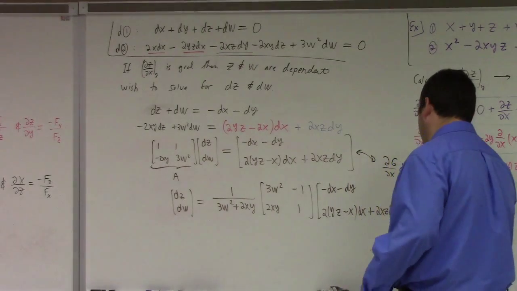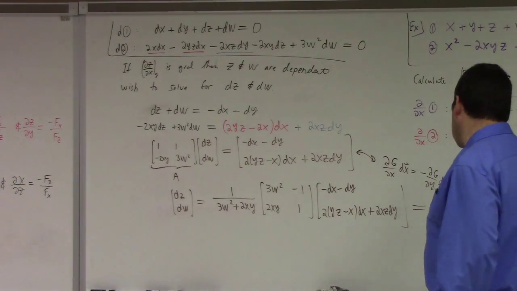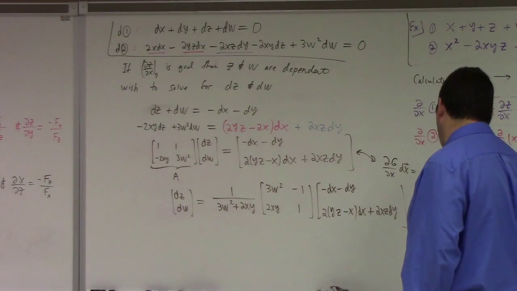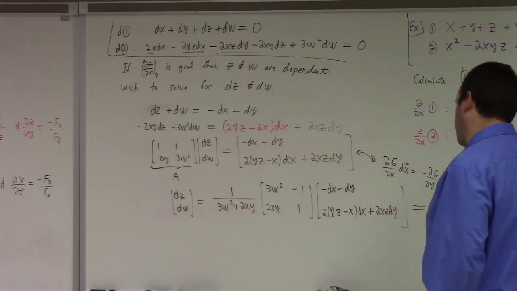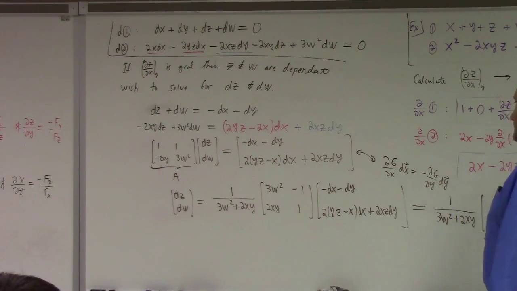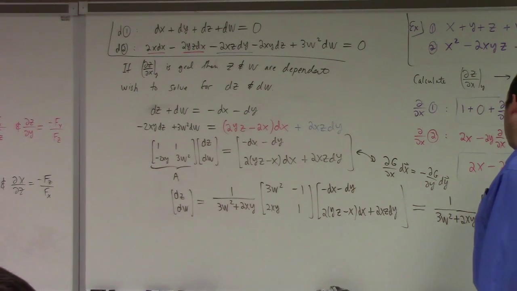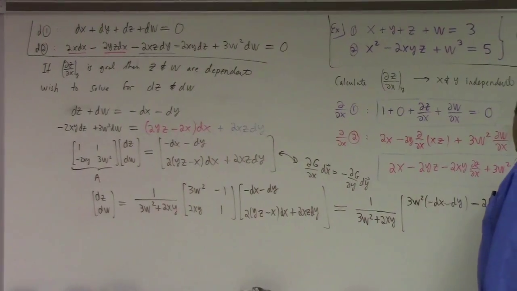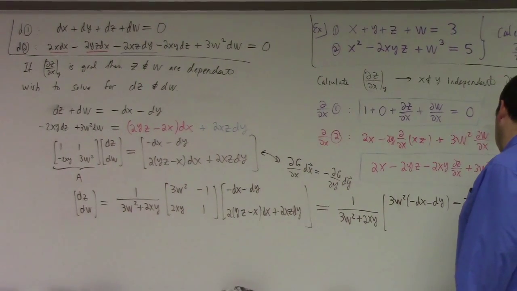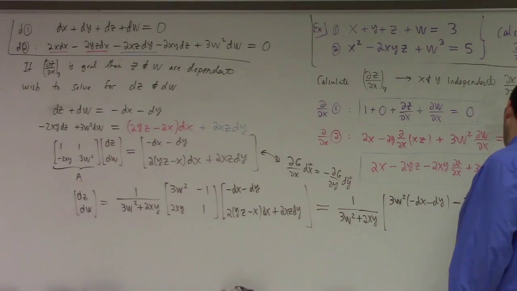What do we get? I get that reciprocal function out front, and then I get a 2-vector. On top, 3w squared times minus dx minus dy, minus 2 times yz minus x dx minus 2xz dy.